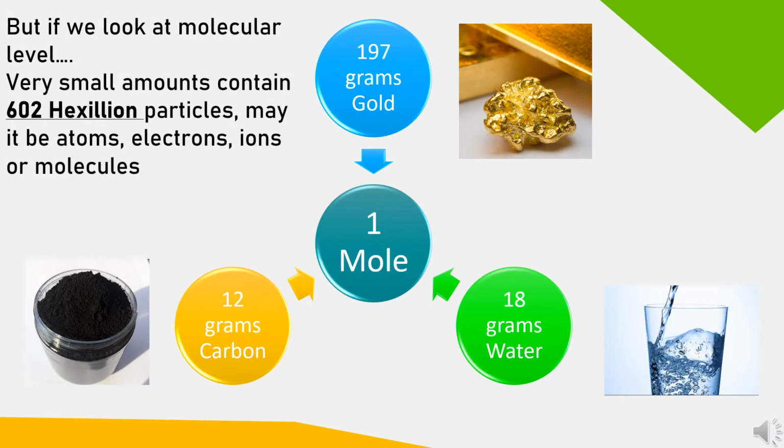But if we look at the molecular level, very small amounts contain 602 hexillion particles, be it atoms, electrons, ions or molecules. As you can see, 12 grams of carbon, 197 grams of gold or 18 grams of water are all equal to 1 mole.